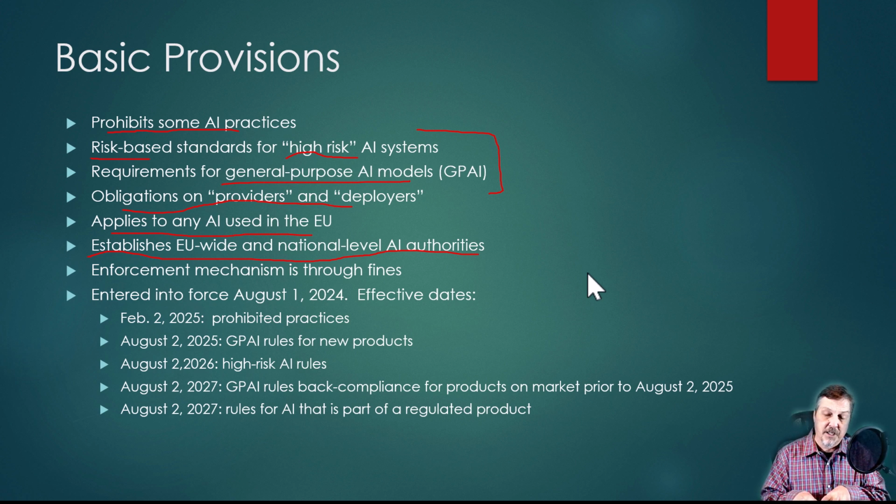And then there are national level authorities. So each member state of the EU, of course, is a sovereign country bound together by the treaty mechanisms that create the EU. So the AI law will require each national state to have its own enforcement authority. And again, this is the same thing as the GDPR. There is a European Data Protection Board, and then there are state level data protection offices, DPOs.